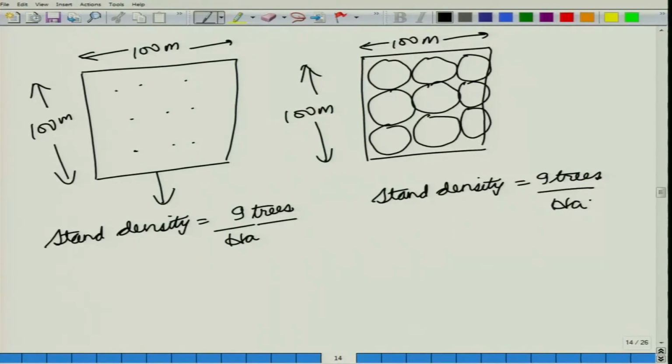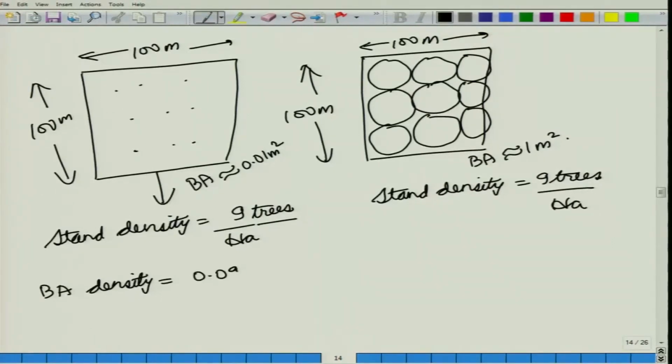But in the first case, because these trees have very small diameters, let us consider that the basal area per tree is approximately equal to 0.01 square meters, and here the basal area is close to 1 square meter. So we will have the basal area density given by the stand density multiplied by the average basal area, which will be 0.09 square meters per hectare.